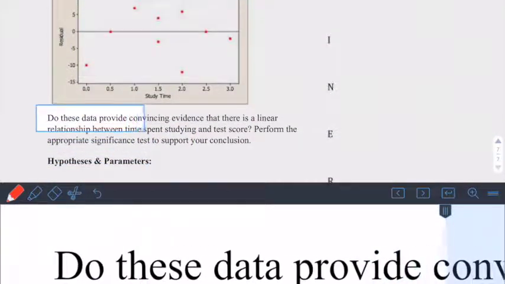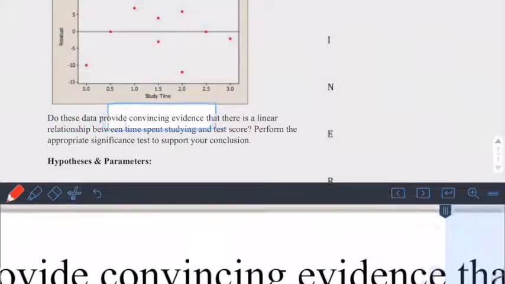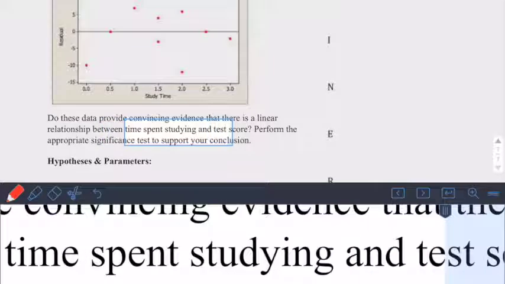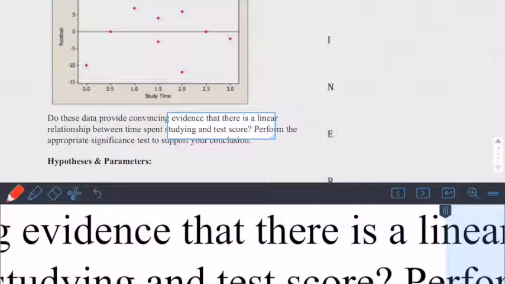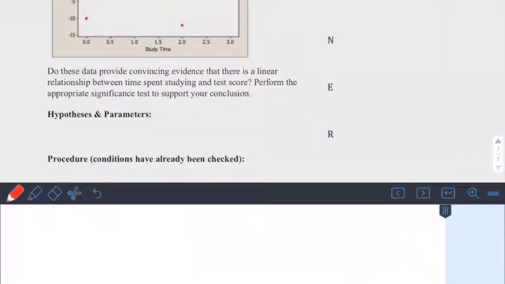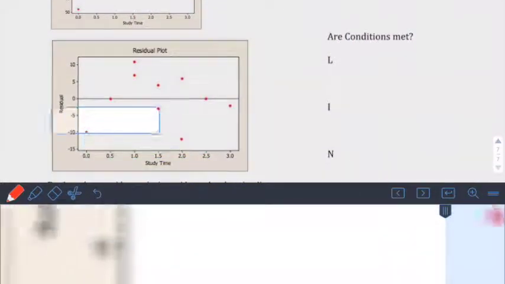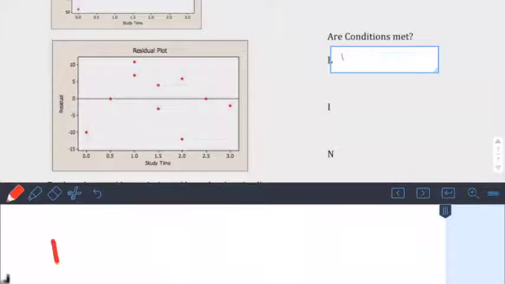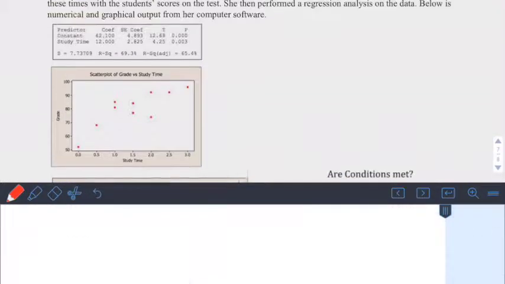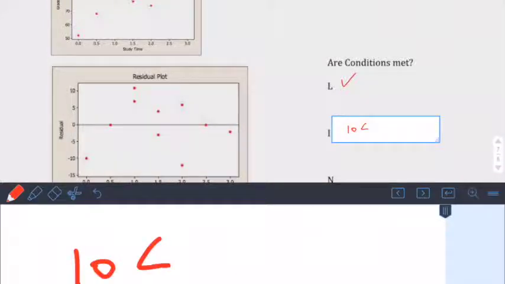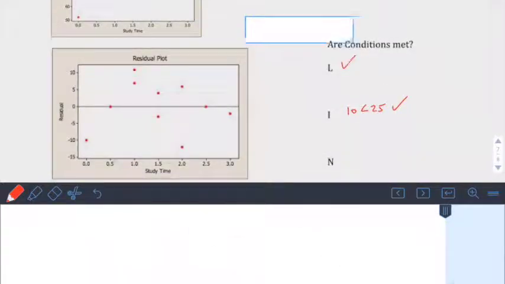We're looking for the data providing convincing evidence that there is a linear relationship between time spent studying and test score. Okay, so let's check the conditions first. So is it linear? Well, there's not really a pattern in our residual plot, so that works. Independent, 10 is less than 25, which is 10%. So our 10% condition's met.